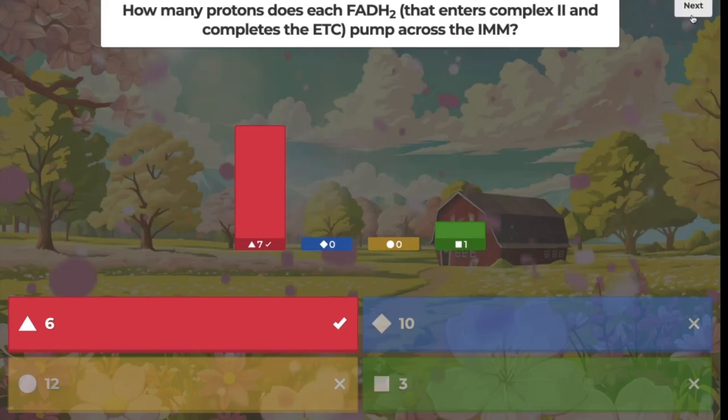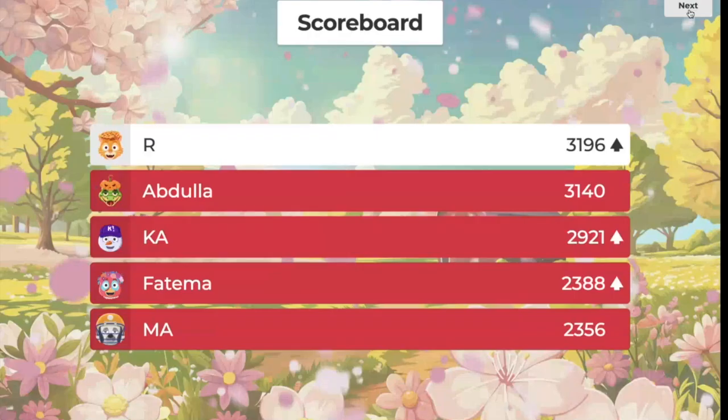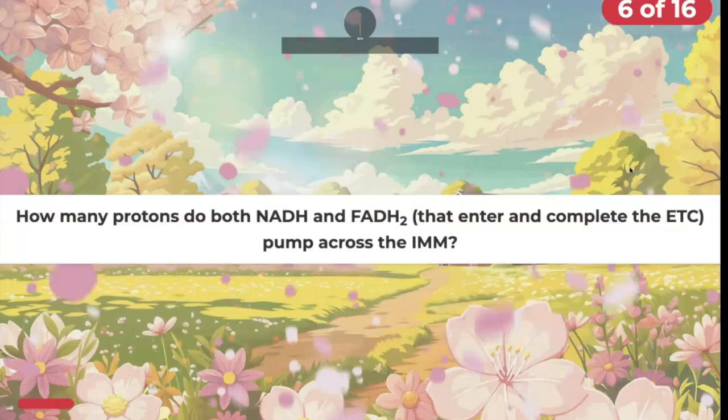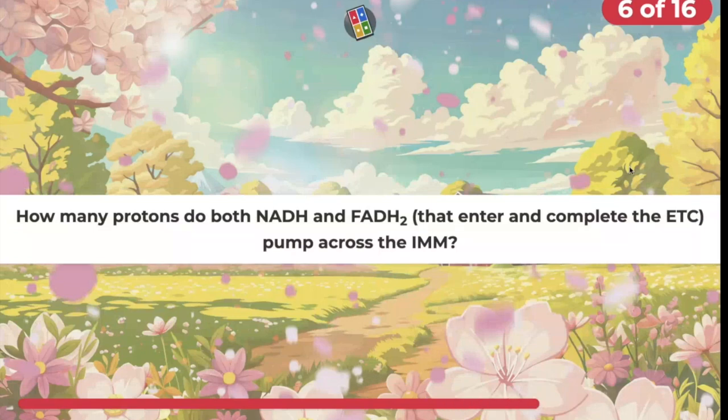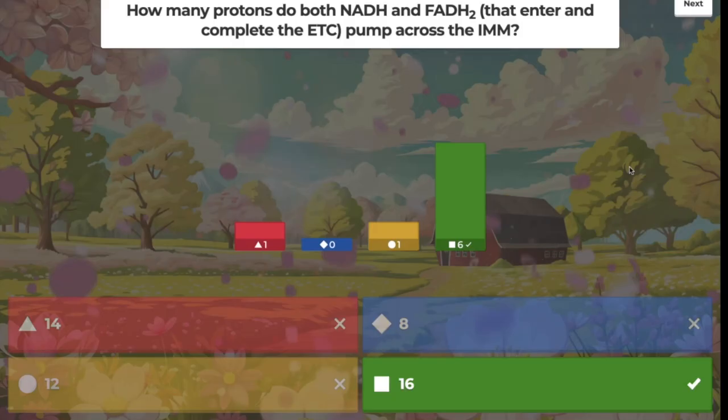Okay, this should be good for you guys since most of you answered correctly. Okay, now last question, and then we move on to the next section. Okay, hello.